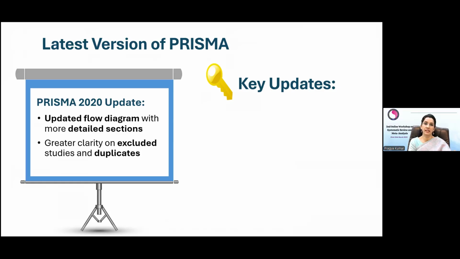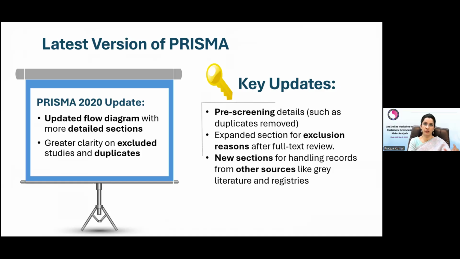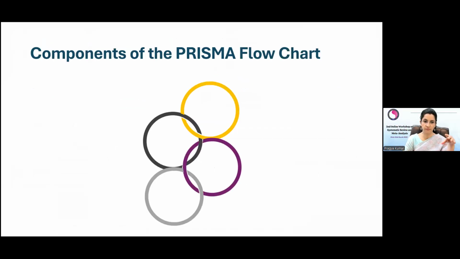It has greater clarity, and also a separate heading for the reasons for exclusion of studies in the full-text review. The pre-screening details, such as the duplicate removal, are there. It has separate exclusion criteria for the full-text review, and it has moved the registries from the section of grey literature to the main database search.